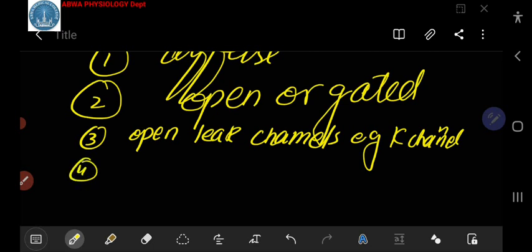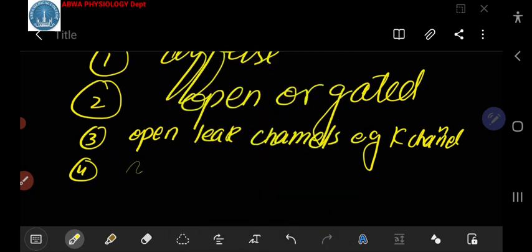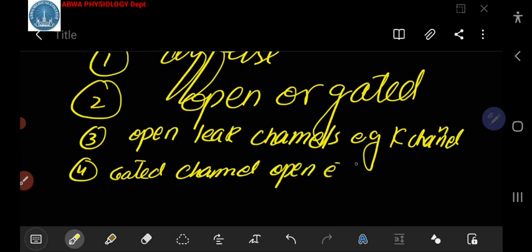Gated channels that open with a stimulus: voltage gated, ligand gated, and mechanosensitive gated.